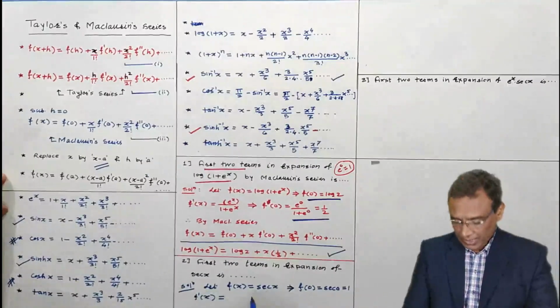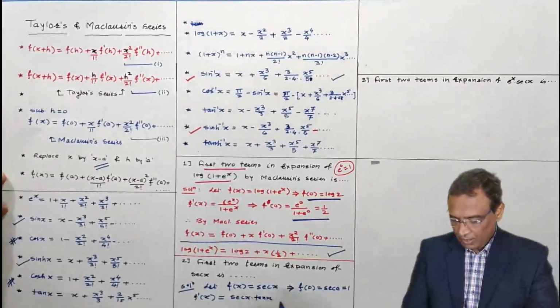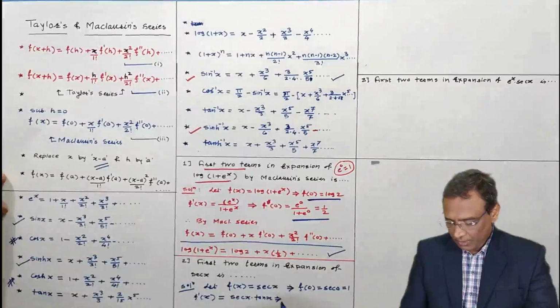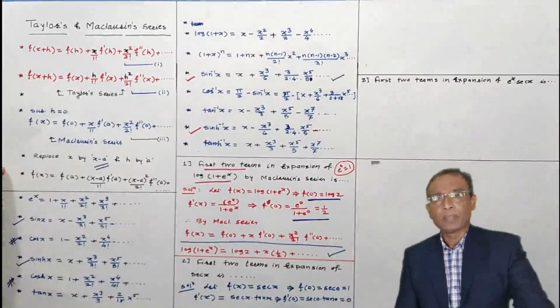F dash of x is what? The derivative of sec x is sec x into tan x. Once you get f dash of x, find f dash of 0: put x equal to 0. So sec 0 into tan 0, and tan 0 is 0, therefore it will be 0.